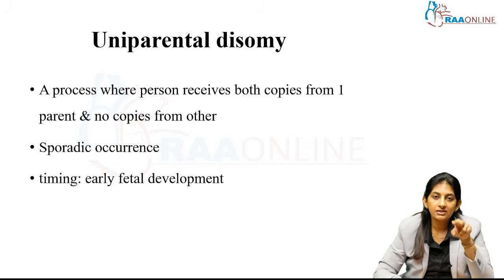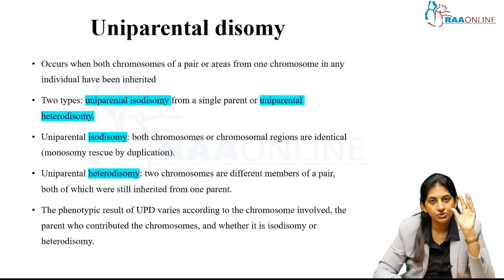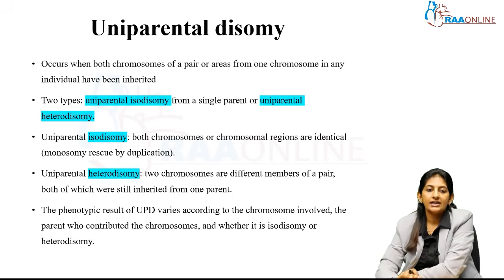So if the gene is defective, he will have two defective alleles, and even though it is an autosomal recessive condition, he will manifest that condition. Are you getting the point? This is a very sporadic occurrence that happens during early fetal development. When both chromosomes of an individual come from one parent, that is called uniparental disomy.